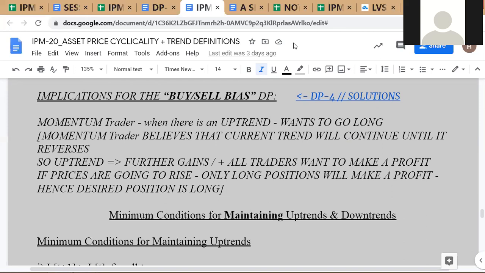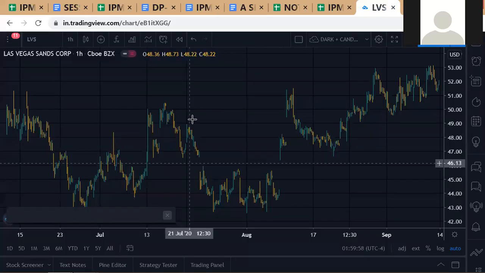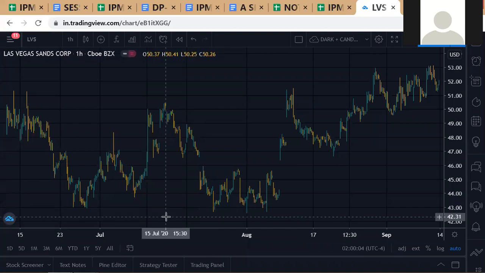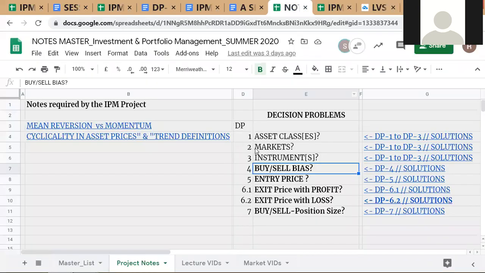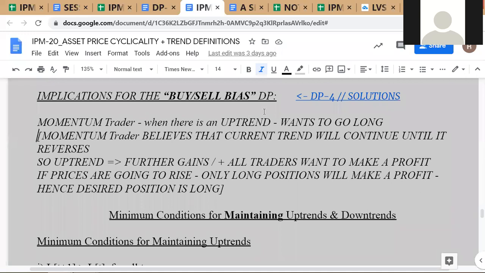So what we are trying to do at this stage is to construct a very, very simple TA-based trading system. A trading system is basically a set of rules that will help you to solve all these problems. And we started out by looking at this problem, and we talked about how a momentum trader might be able to solve this problem.